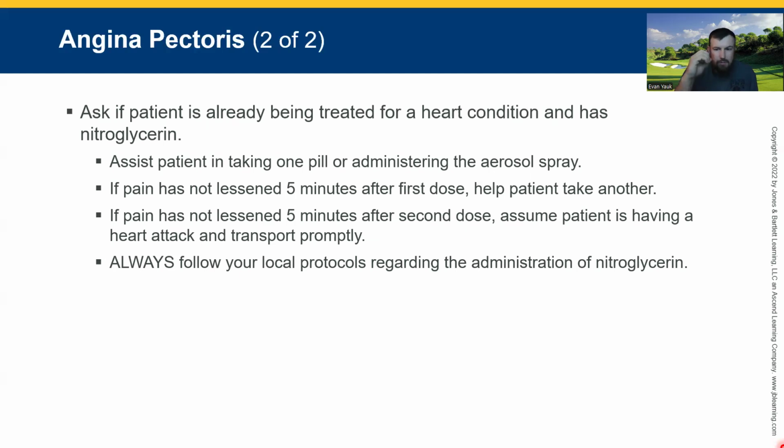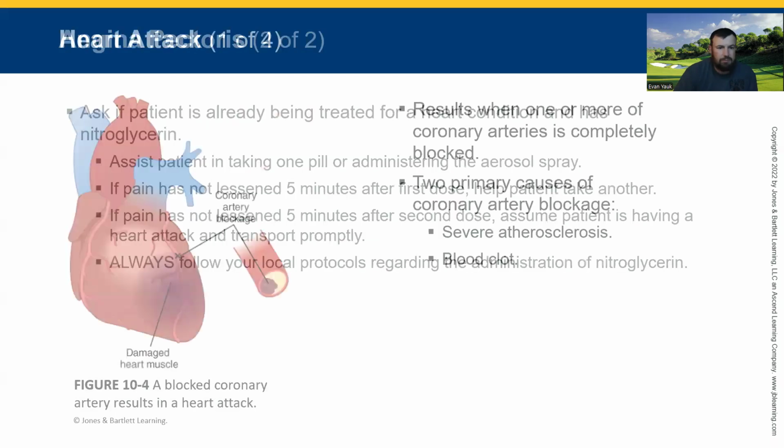So if the arteries are opened more, the blood pressure goes down. If we already have a low blood pressure and we pop nitro in someone, we can tank them, we can bottom them out. So we need that blood pressure to be above 100. That's systolic. Check your protocols. Your protocols might be different. That's just an easy number to remember.